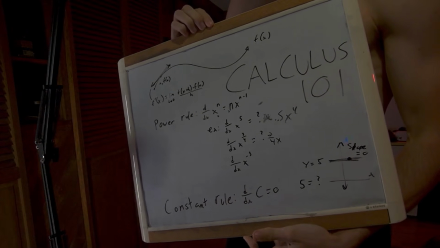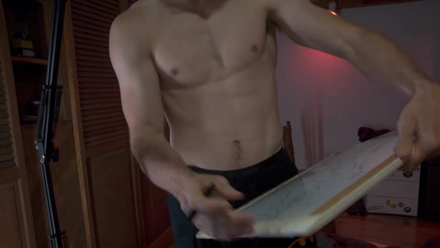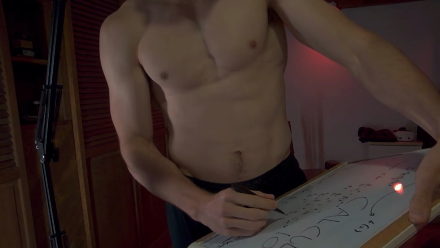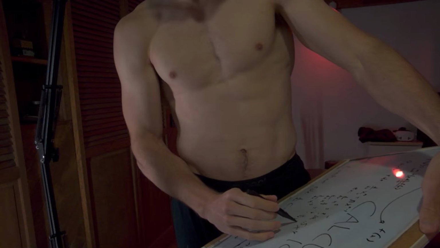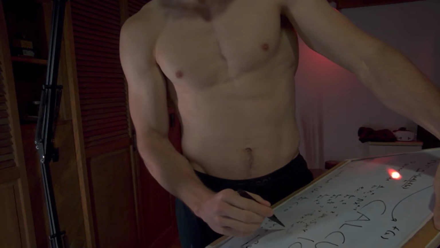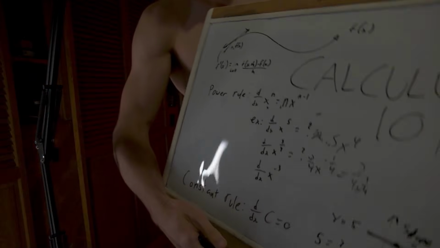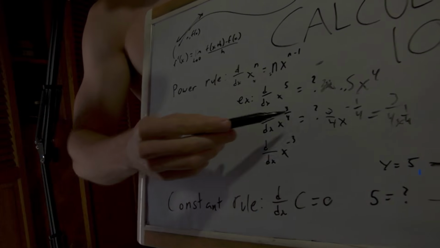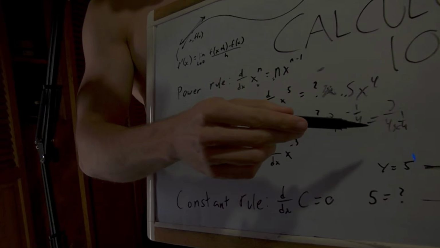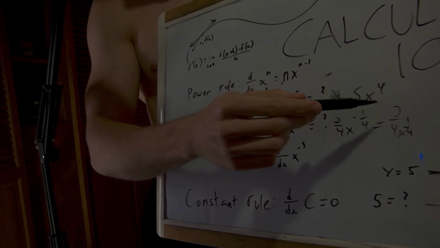So 3/4 minus 4/4, what are we going to get? Well, it's simple. Negative 1/4. However, the proper way to write this would be 3 over 4x to the 1/4 power, because we don't want negative exponents.